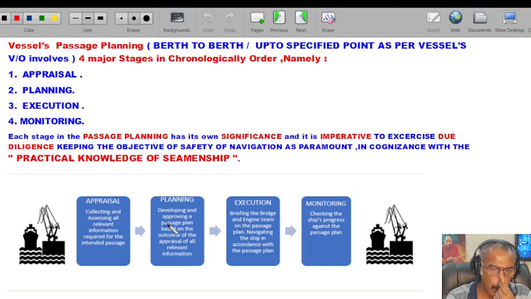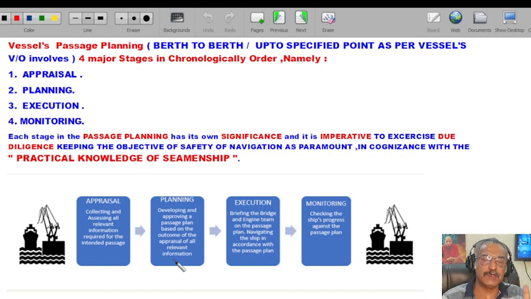Planning. Once you have all the charts, publications and all the things you require, thereafter you start developing and approving a passage plan based on the outcome of the appraisal of all the relevant information.